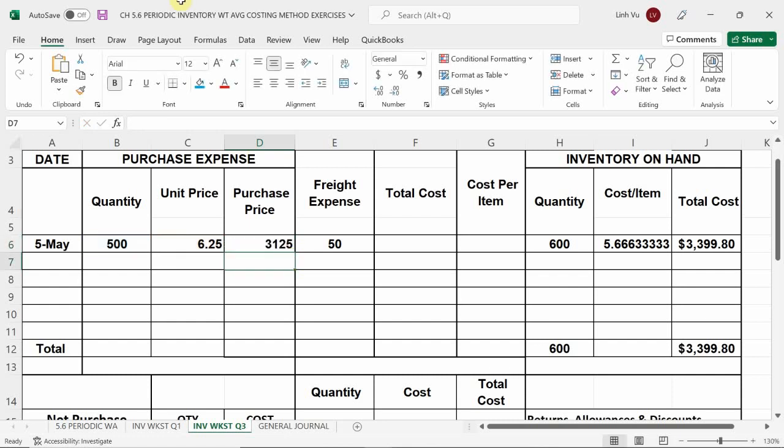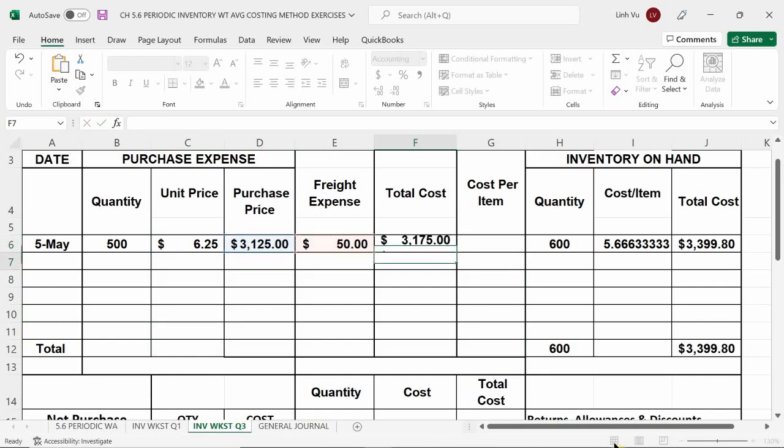It'll be 3,125, and then it'll be 3,175 for the total cost. Good. Here you do not need to do your average cost per item, because it wouldn't matter anyway. You could do it for practice purposes. Okay, so let's see what's next.